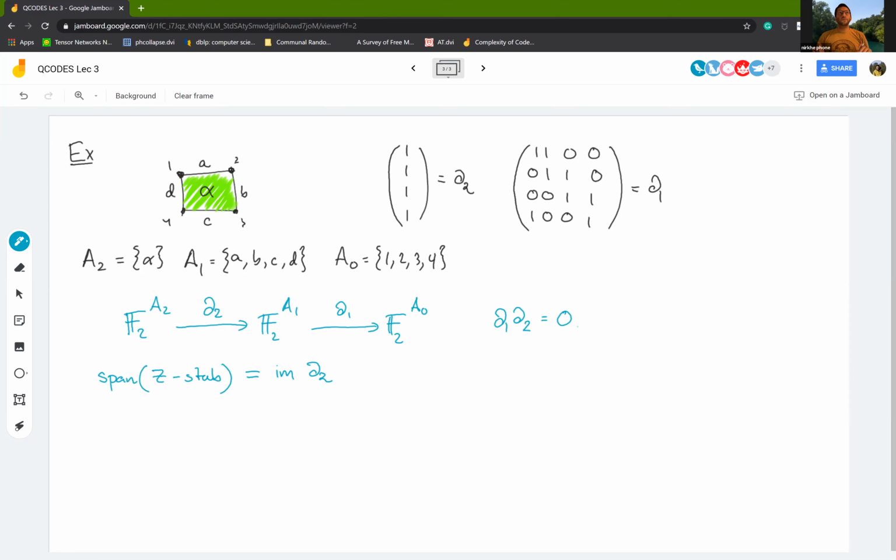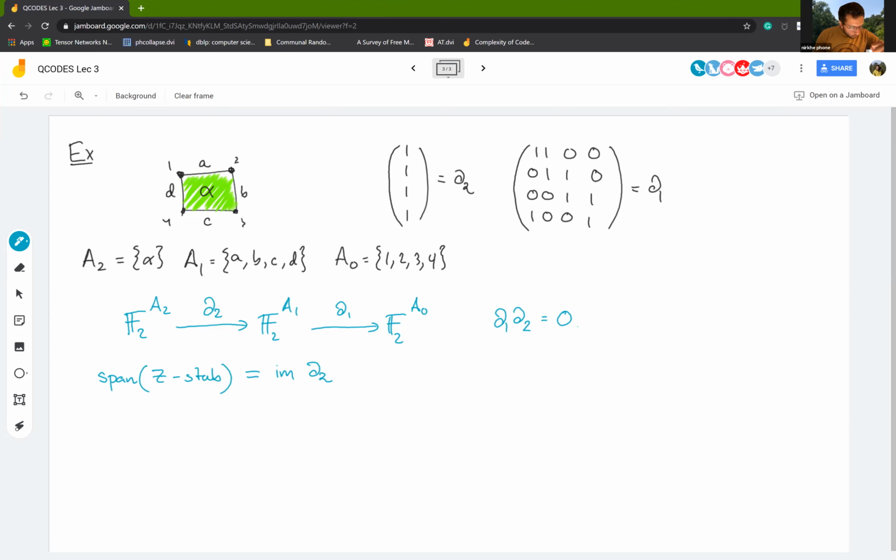If I look at a combination of those, say I multiply any two of those, that's the same thing as adding up those indicator vectors. So the span of the Z stabilizers will just be the image of the delta 2 map. And so it's kind of nice. We've taken this product thing and we're moving it to just this linear algebraic statement about delta 2. So far so good.